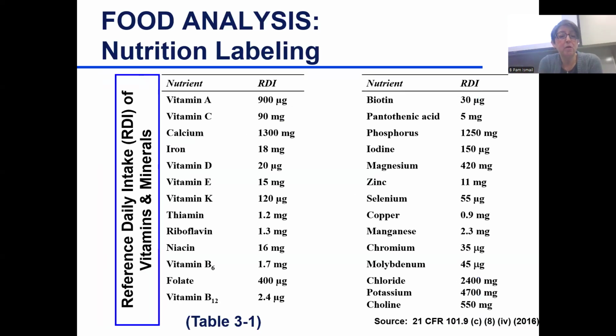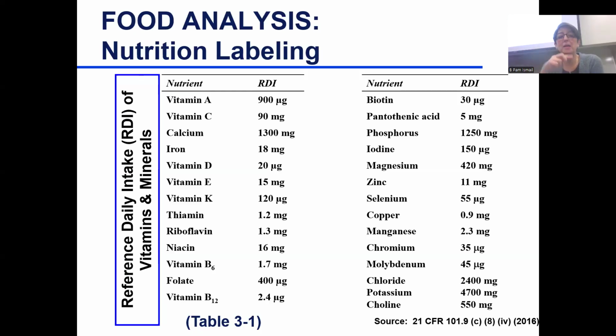And then the reference daily intake is specific for vitamins and minerals. Again, the percent daily value that you see on your label is coming from these.